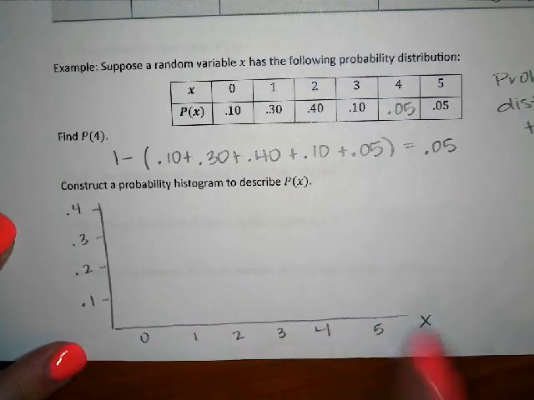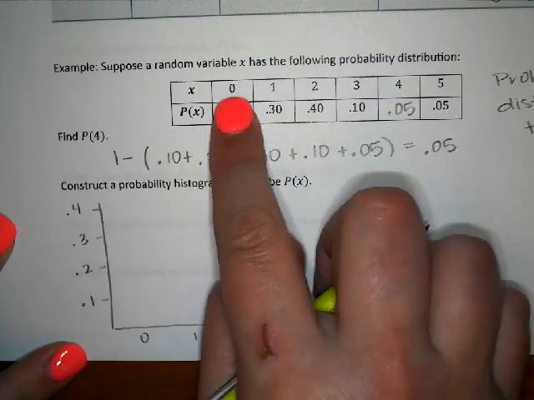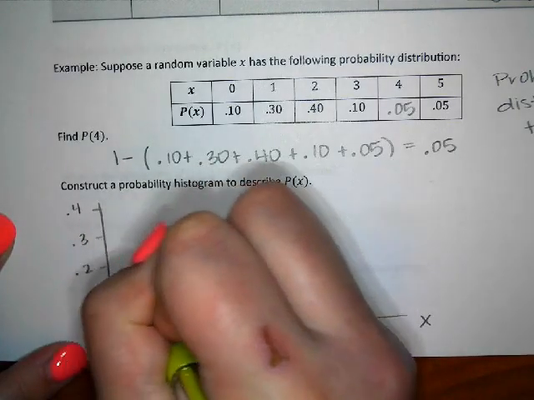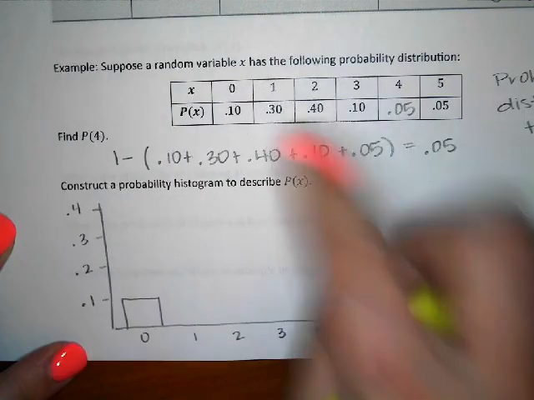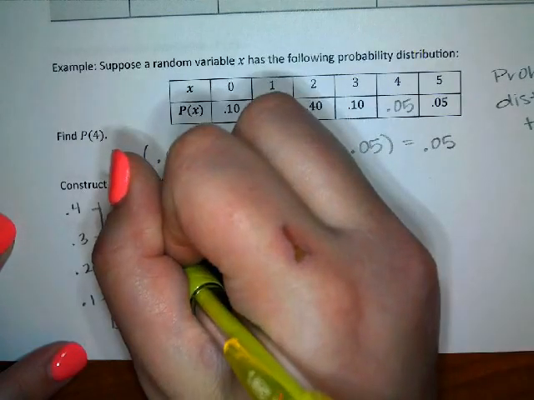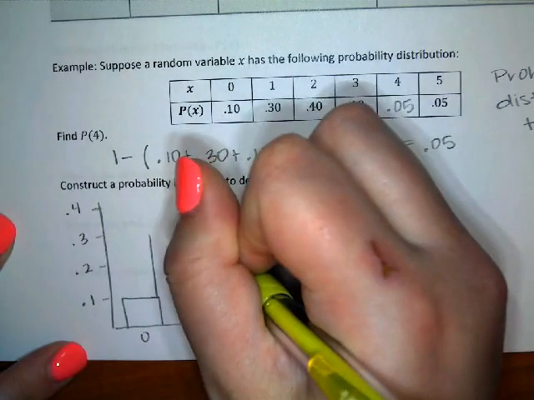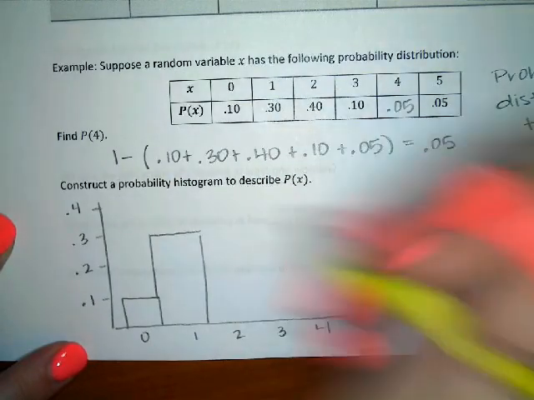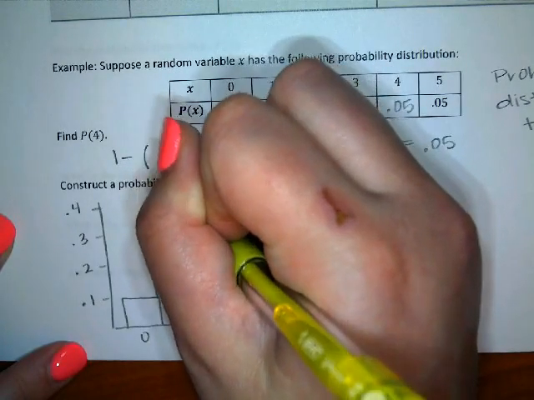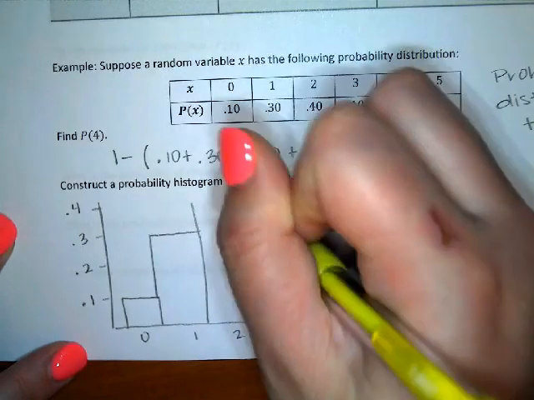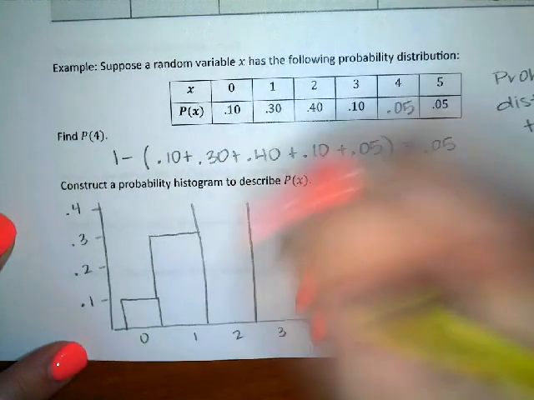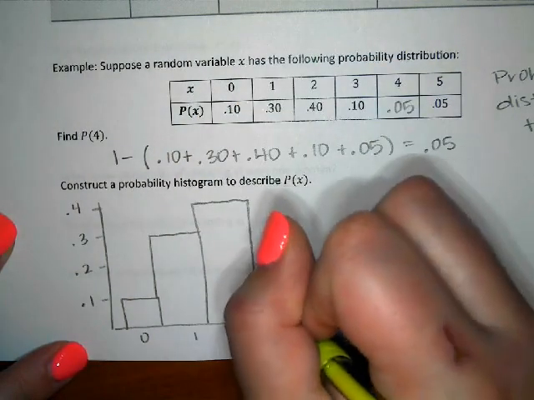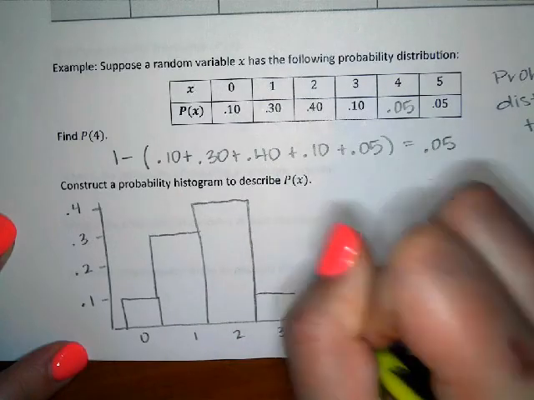So for x is 0, the probability is 0.1. For 1, it's 0.3. For 2, it's 0.4. For 3, it's 0.1 again. And then for 4 and 5, those are both 0.05.